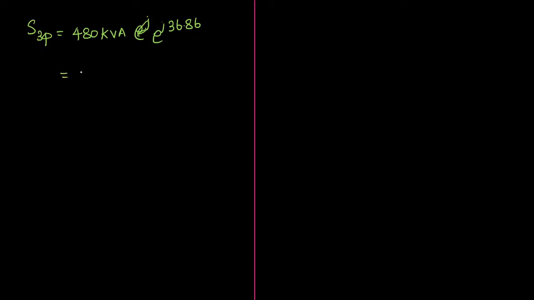So this can be further written as 480 kilovolt ampere. I'm writing 480 into e power j, cos 36.86 plus j times sine of 36.86, and it is in kilovolt ampere. Fine, sir.